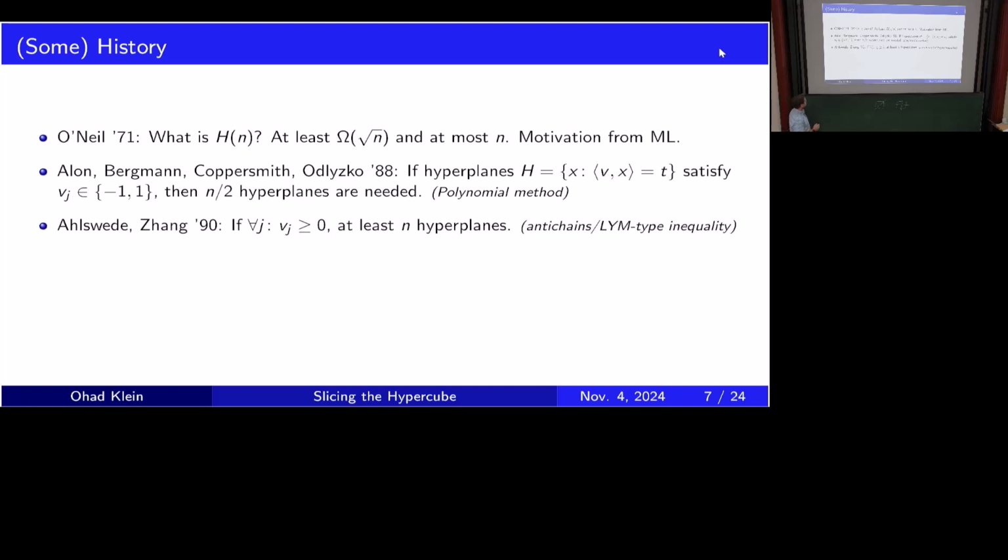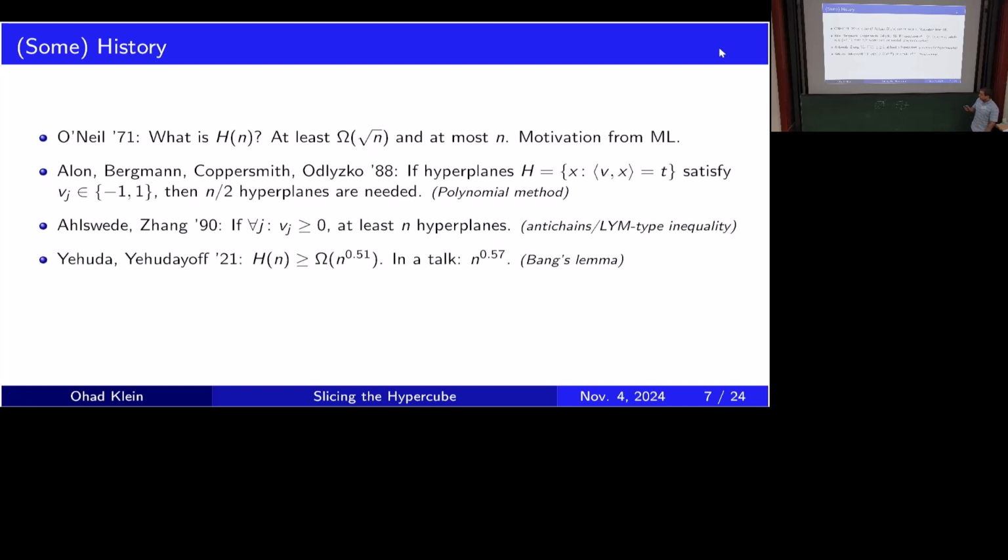Later, Alshud and Zan showed that if all the coefficients of all the hyperplanes have the same sign, then we need at least n hyperplanes. This is again tight. And they use another method using LYM type inequalities. This is looking at the concept of defining the hypercube and using some anti-chain inequalities.